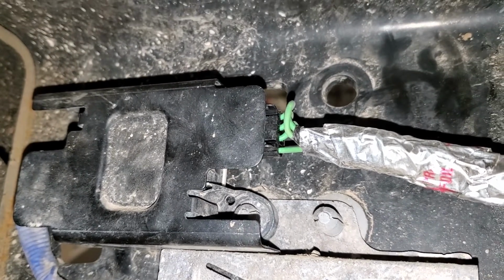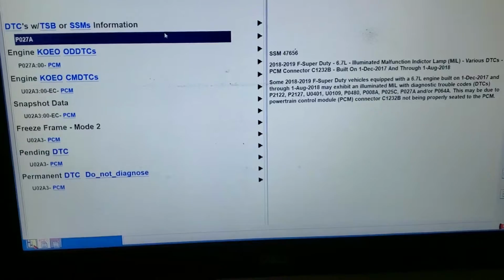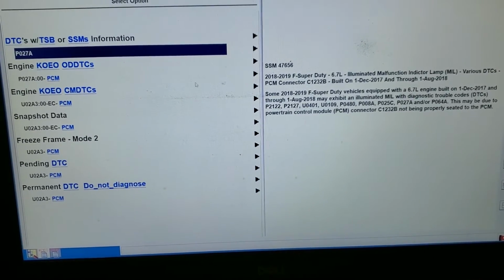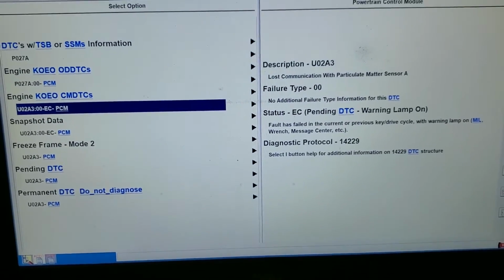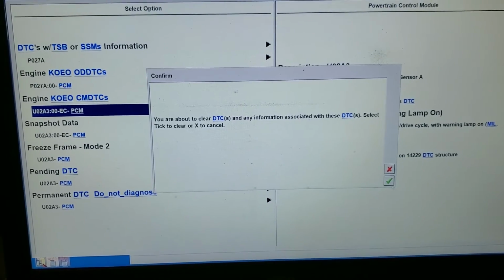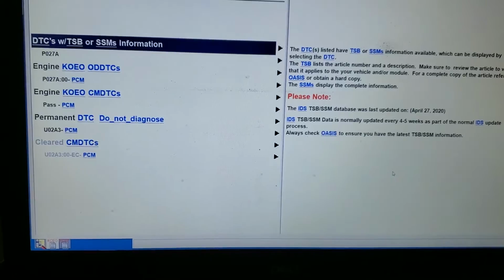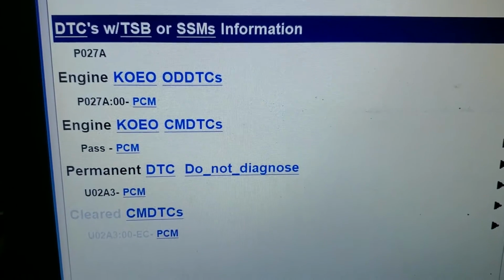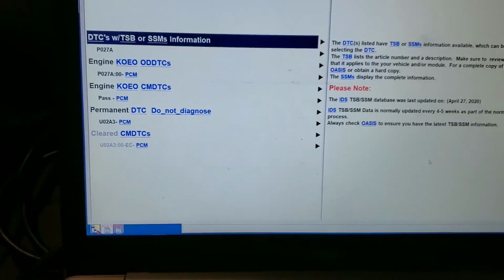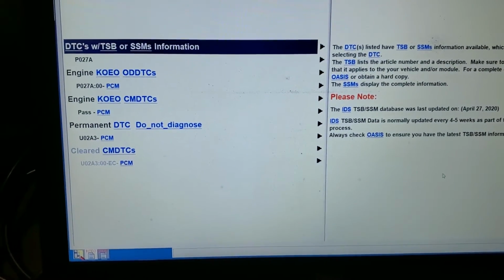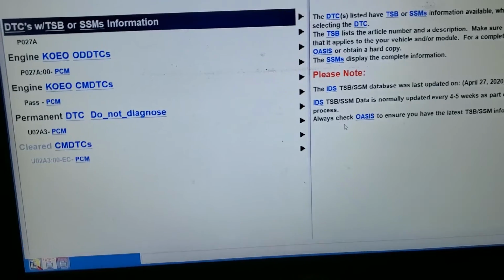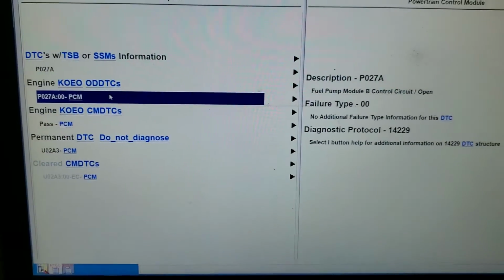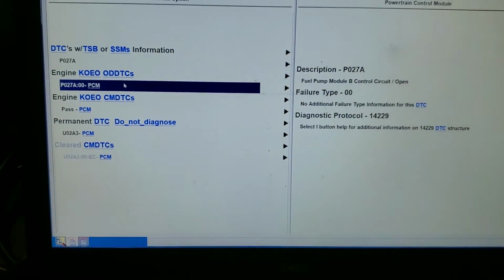All right, let's go back up and get an IDS. Let me go ahead and clear my codes, and then I'm going to rerun the same self-test that we did. Okay, we still have that low fuel pressure warning code, or not low fuel pressure, I should say fuel pump module control circuit open.